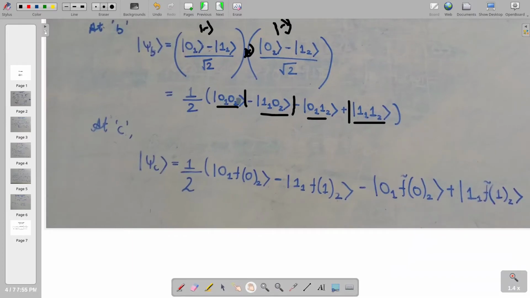So for 0 1 0 2, nothing too complex. 0 1 remains 0 1 and 0 2 becomes f 0 2, because here it is x and here it is y, because y is 0, so we won't change it, so it remains f 0 2. The same goes here, where 1 1 remains 1 1, while 0 2 becomes f 1 0 2, which is nothing but f x 0, because this is x and this is y again, so f x is nothing but f 1 2.